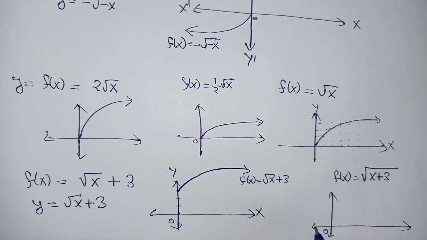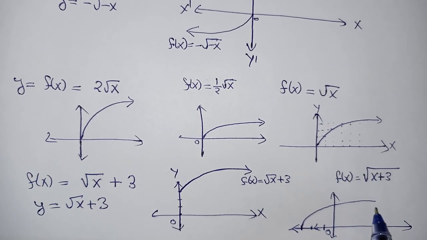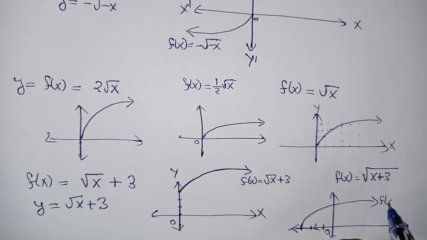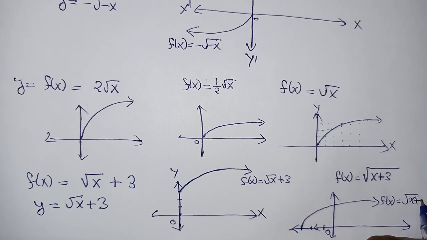That means just because of adding, this graph will be shifted to the negative side. Negative side means this is 1, this is -1, -2, -3. So the graph will start from this point and the rest will be the same. So the graph will be like this. f of x equals square root of x plus 3, and so on.